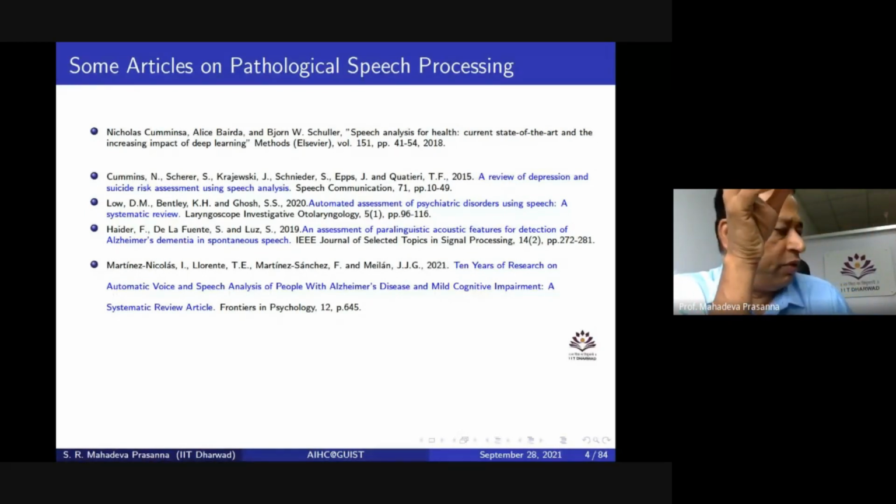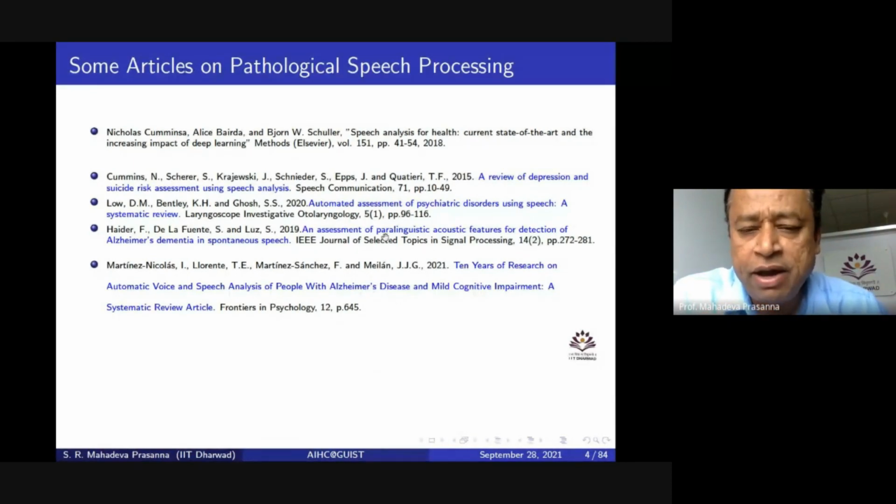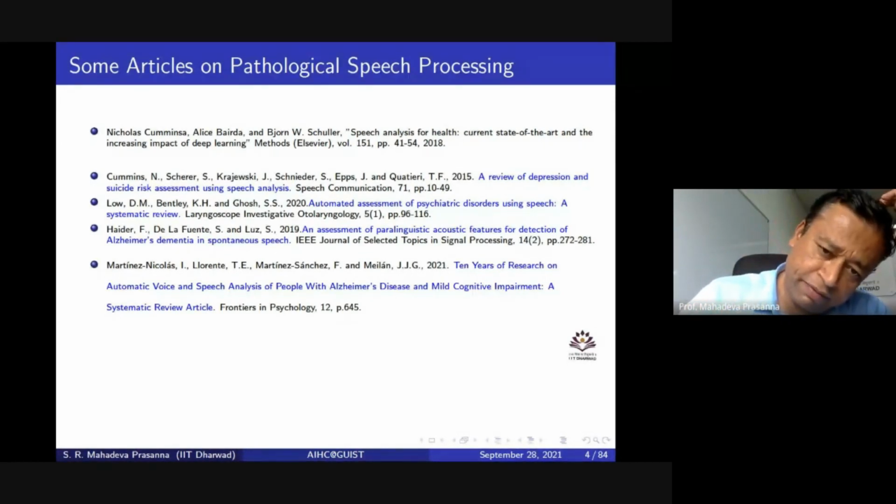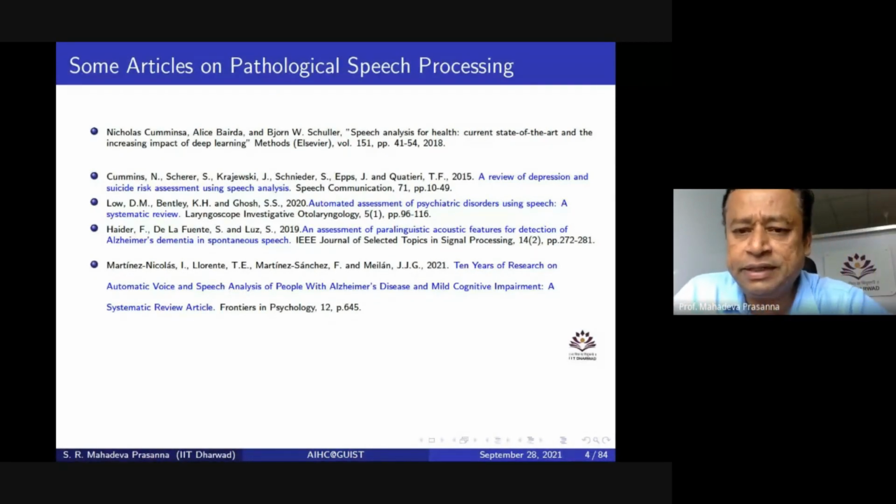Specifically, I am considering this article by Nicholas, Alice, and Schuller, on speech analysis for health, current state of the art and increasing impact of deep learning.